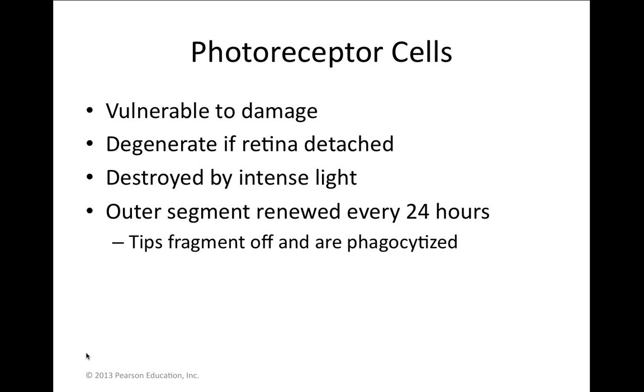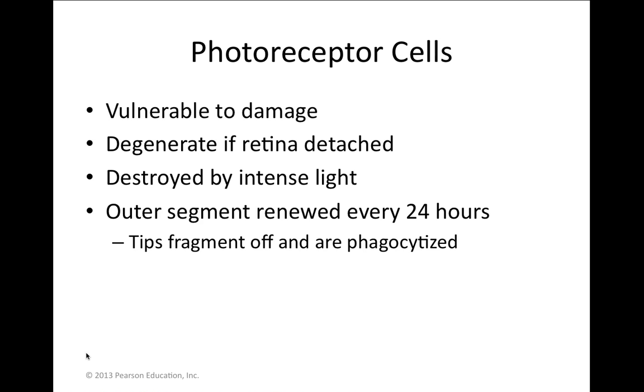So the photoreceptor cells are very vulnerable to damage. They are very, very sensitive. If you're looking at any sort of extremely bright light, or if there's a sudden change, it can lead to significant damage. That's why you don't look directly at an eclipse, and that's why you don't look directly into bright lights for any length of time.